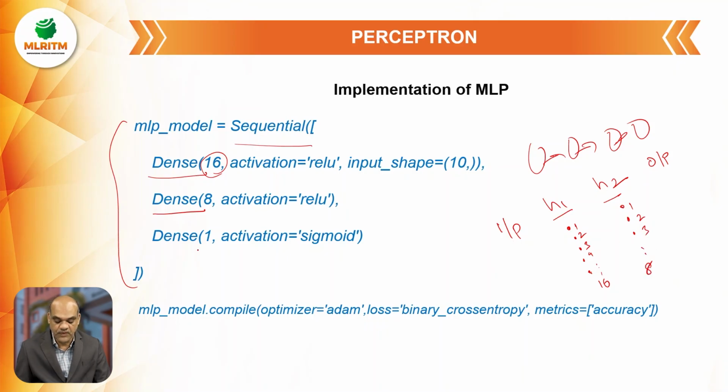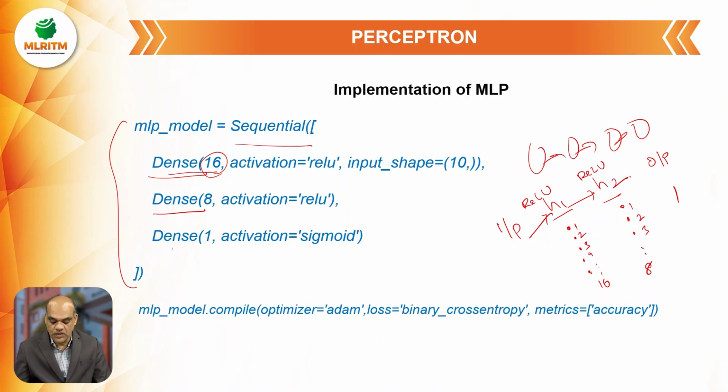Then at the output, we are going to have 1. Then at the Dense 16 layer, that is from input to hidden, I am using the activation function called ReLU. And then from H1 to H2 also, we are using the activation function called ReLU.